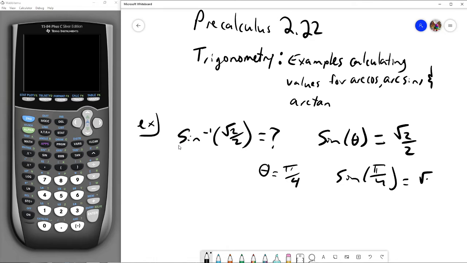So since when we're thinking of arcsine, we plug in that y coordinate, arcsine of root 2 over 2 is going to equal pi over 4, because that is the angle for which sine gives you the y coordinate of root 2 over 2. It's just we're thinking backwards with respect to the sine function here. So the sine function and the arcsine are kind of backwards from each other.